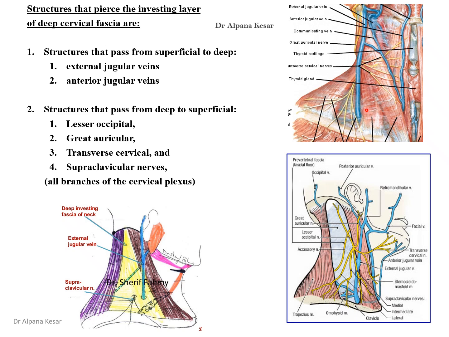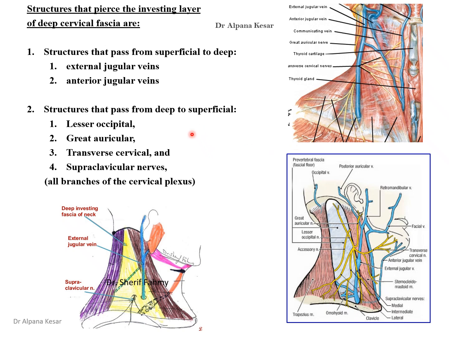The structures that pass from the superficial to deep are external jugular veins and anterior jugular veins. Both these veins traverse in the superficial fascia, and at the time of draining they pierce the investing layer of deep cervical fascia to pass to a deeper stratum in the neck and terminate into the subclavian vein.